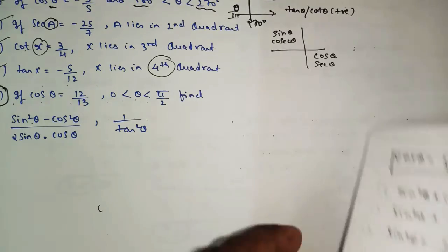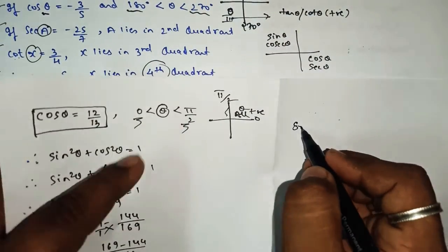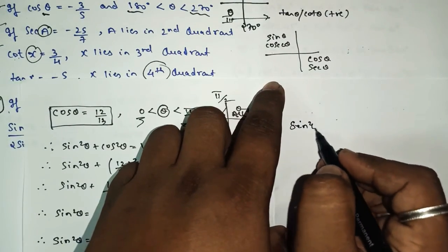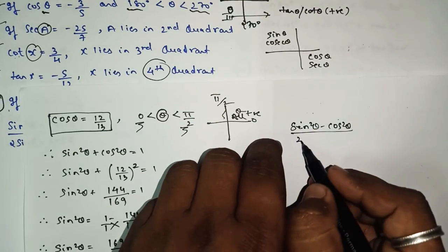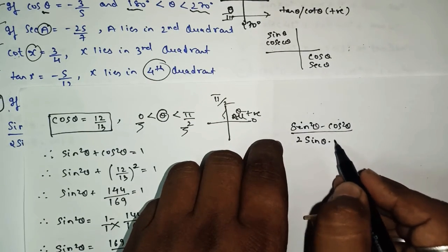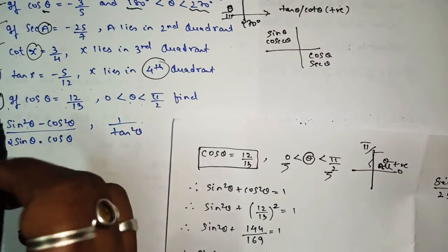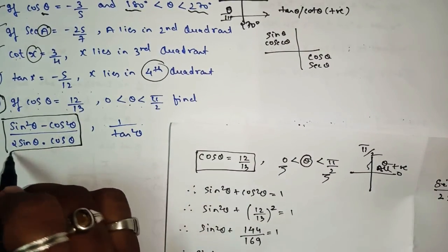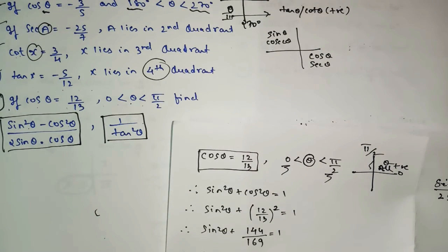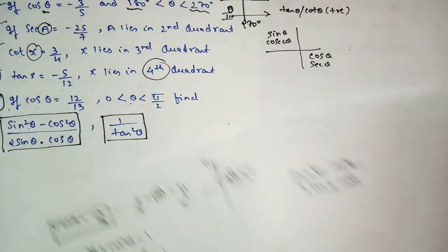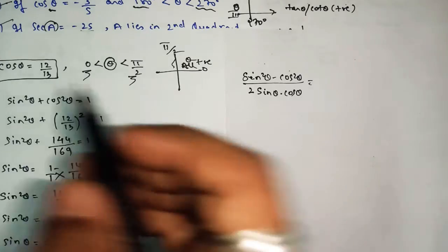Now we'll take this part, as we have to find the answer for sine square theta minus cos square theta upon 2 sine theta into cos theta. So now we have to find the answer for this pattern. This is the first one and this is the second one. For the first one we have sine as well as cos.